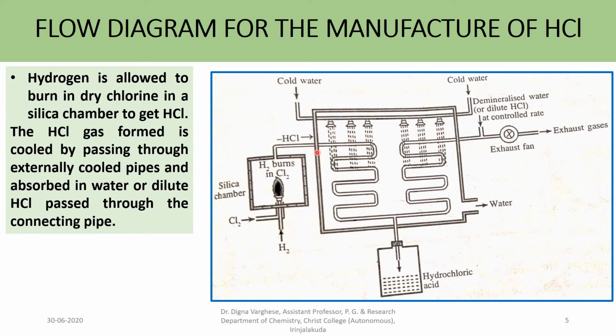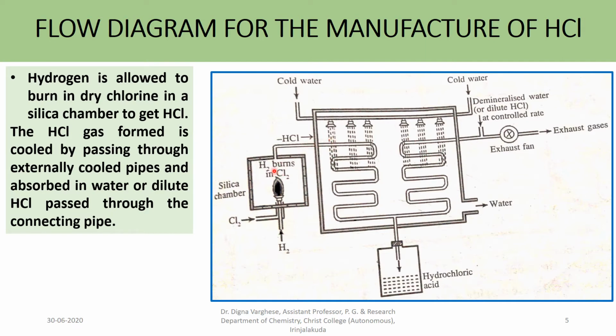The hydrogen chloride gas formed is cooled by passing through externally cooled pipes and absorbed in water or dilute HCl passed through the connecting pipe.